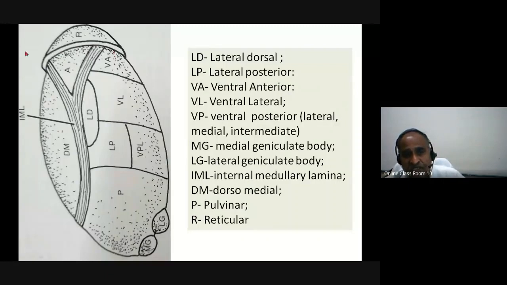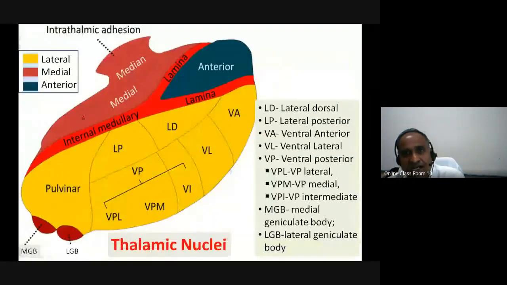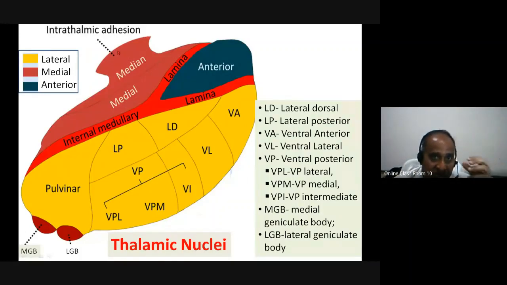So now this is divided into a number of nuclei. Maybe in the next slide I take it. Okay, you can see the number of nuclei. You can see that this red one is the internal medullary lamina, and this medial part, the red part, is the median part where interthalamic connections take place.